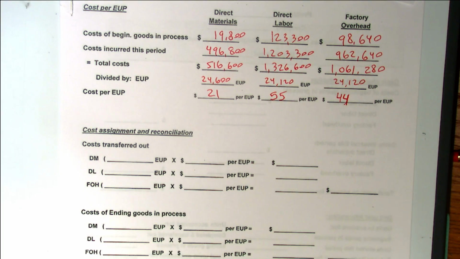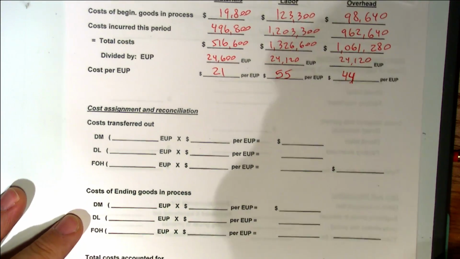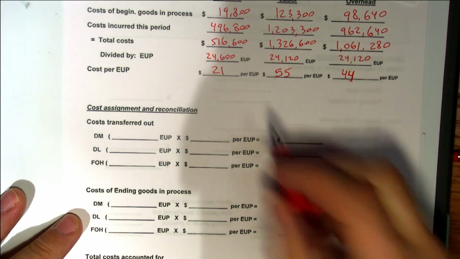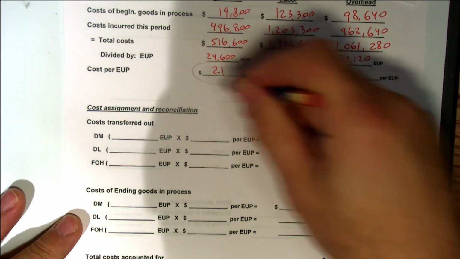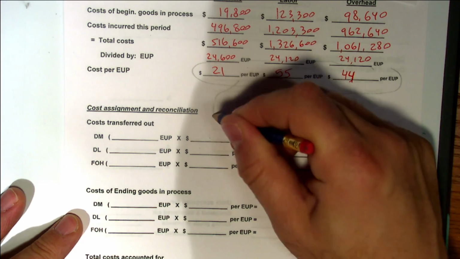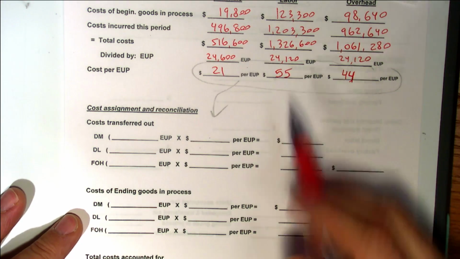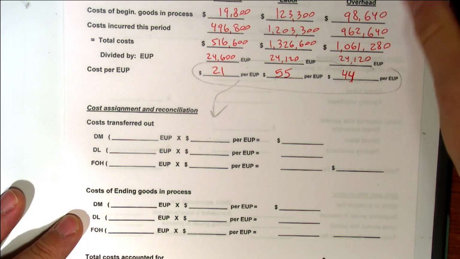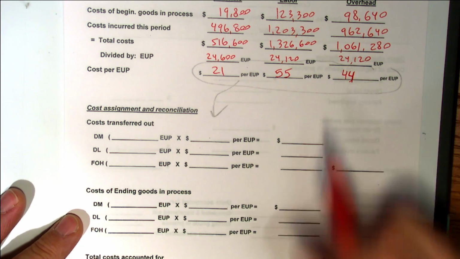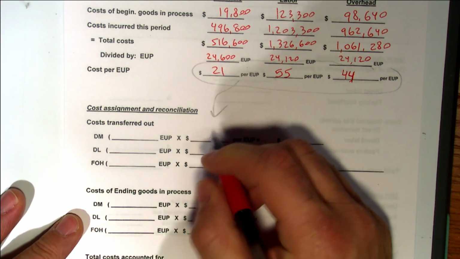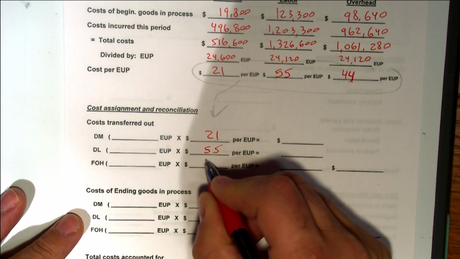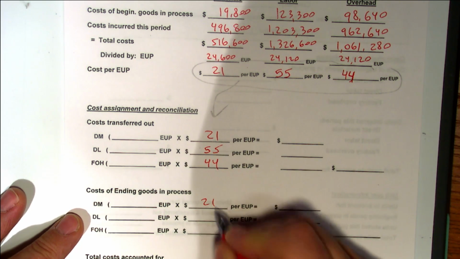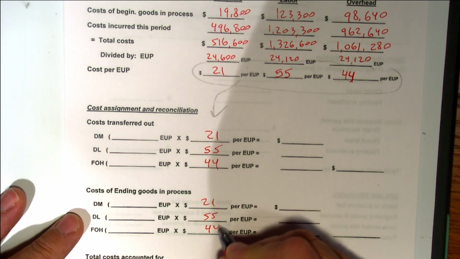Now what we do is take these amounts and take them to these columns right here. For direct material, direct labor, and overhead, it's 21, 55, and 44 respectively. So we write that here: 21, 55, 44, 21, 55, 44.